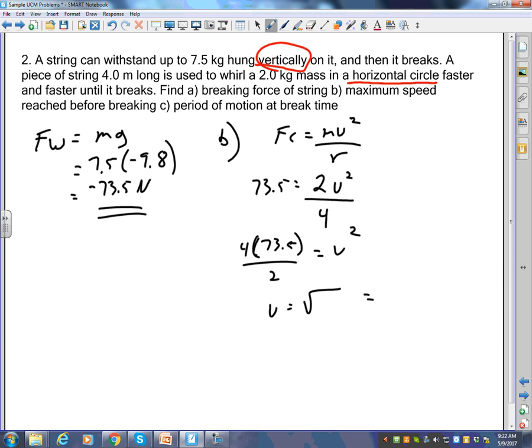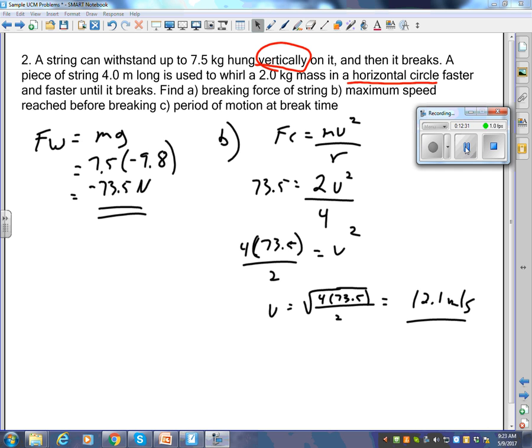And you should get, I get 12.1 meters per second. I'll let you try that to make sure you can do it.